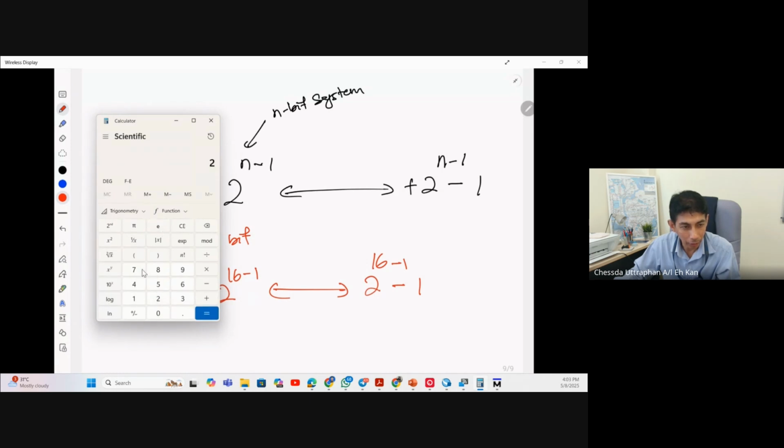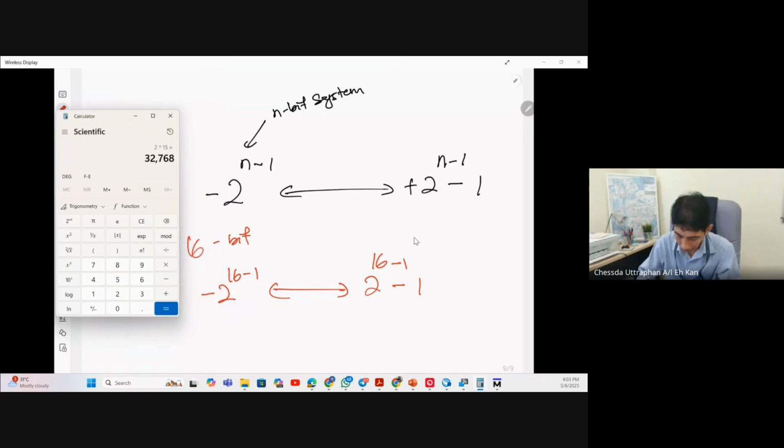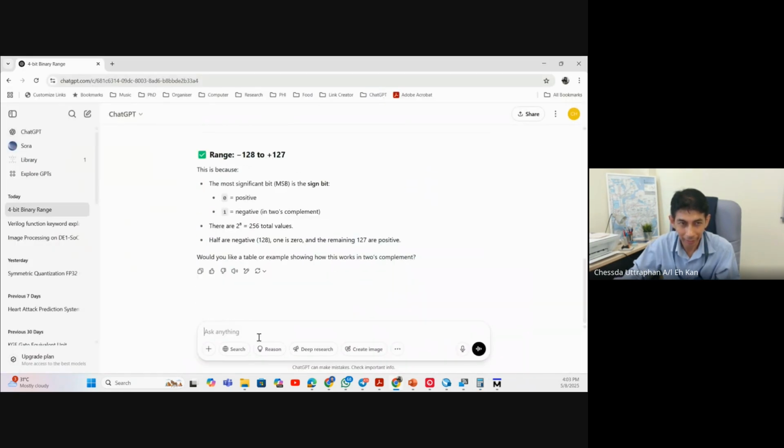Okay, 2 power of 15 is 32768. So the minimum will be minus 32768. The maximum will be positive 32767. All right, let's check using ChatGPT.